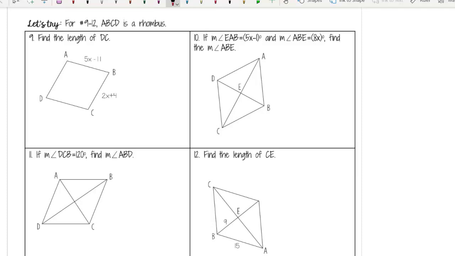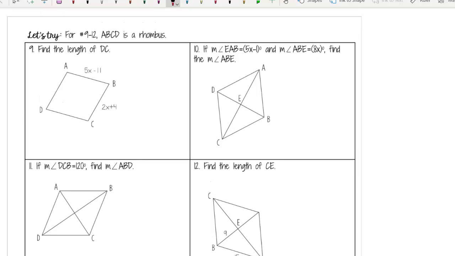So let's look at this one. Find the length of DC. DC is right here. Well, it's the same thing as all of those. So we know the sides are all the same in a rhombus. So we know that AB equals BC, and that equals CD. So if I use this relationship and plug in my expressions, I end up with x equaling 5.